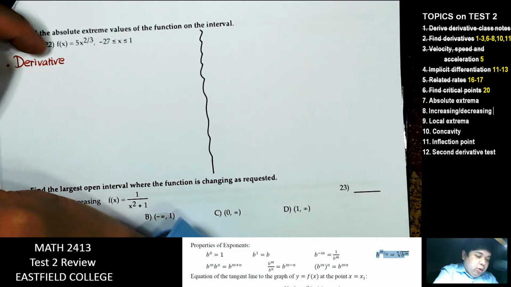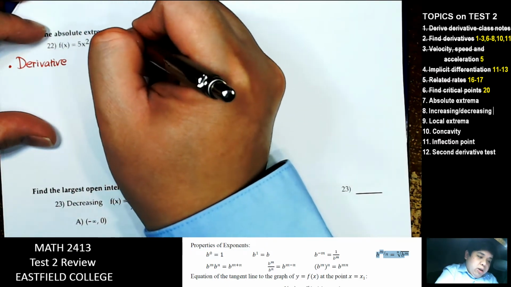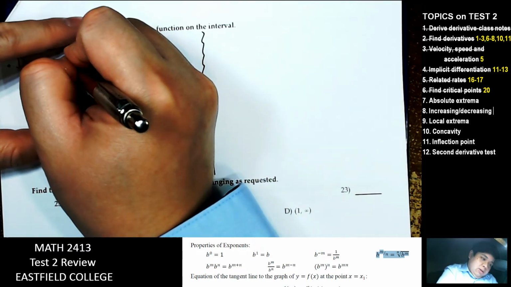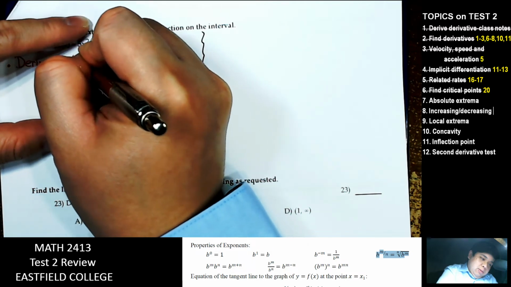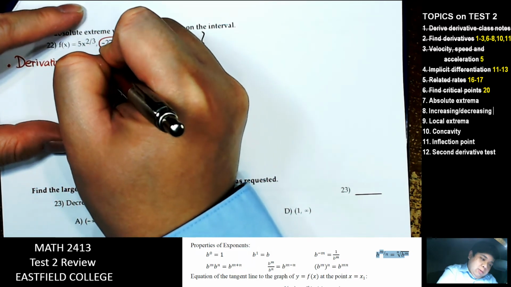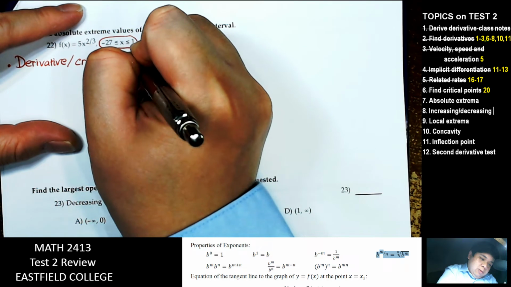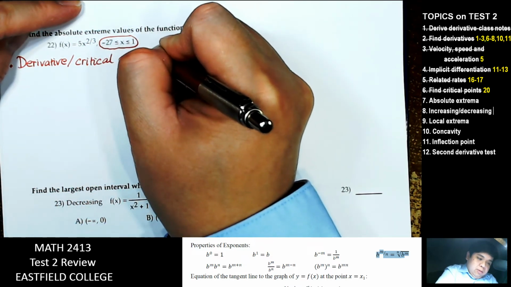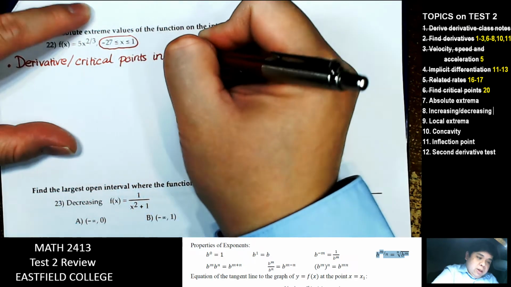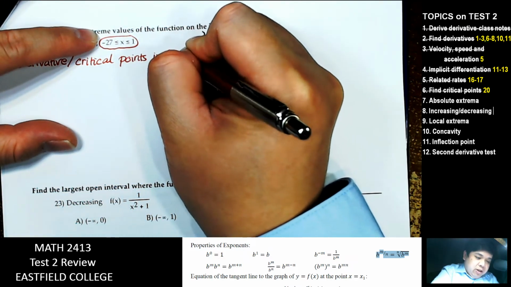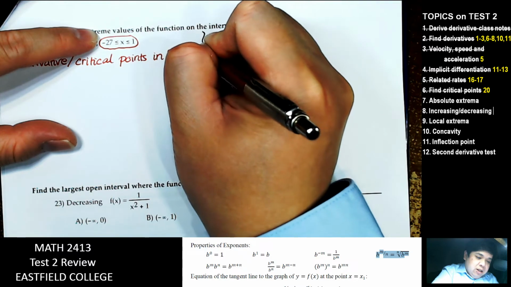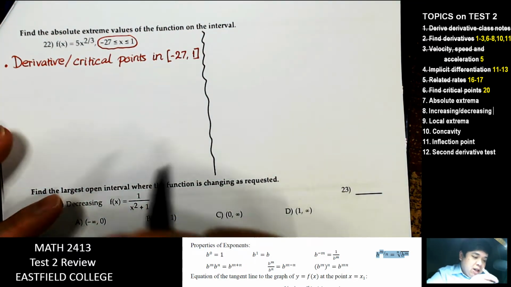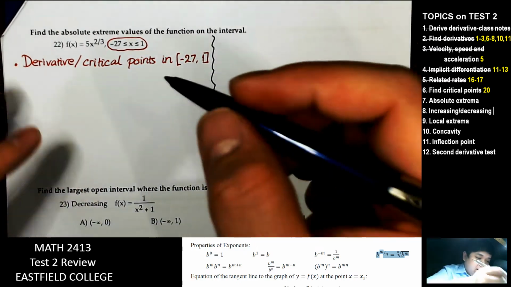And then when we find the derivative, we find the critical points inside this interval. We'll write negative 27 to 1 instead.